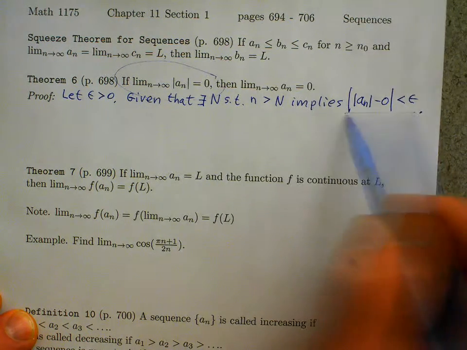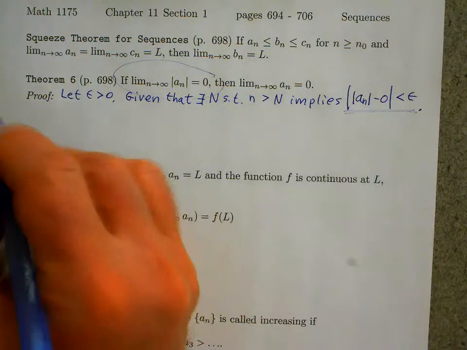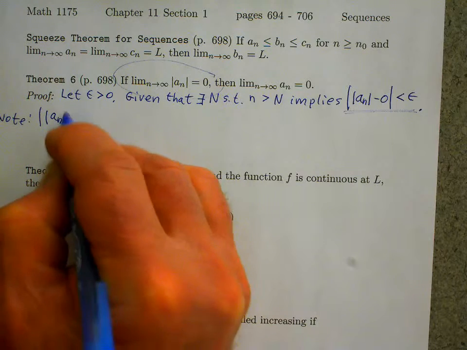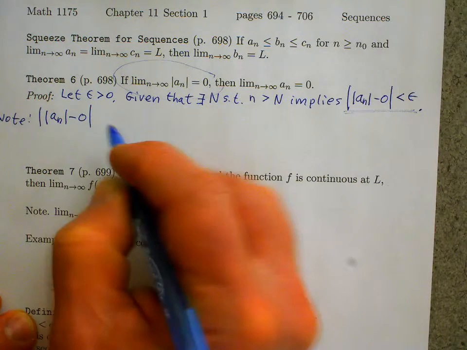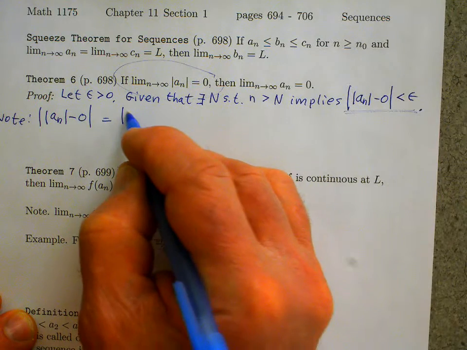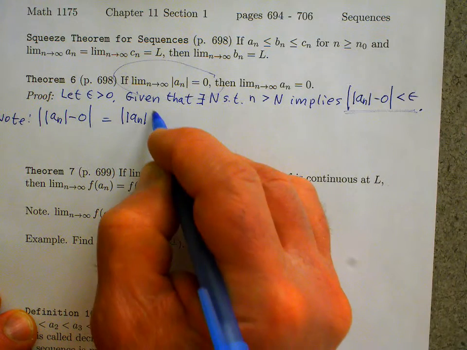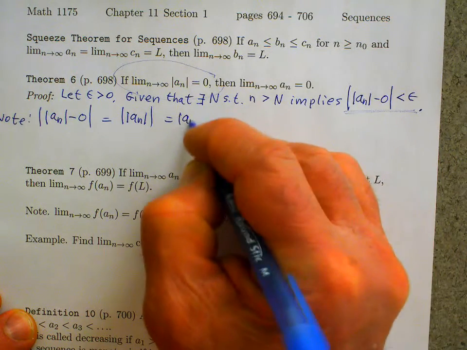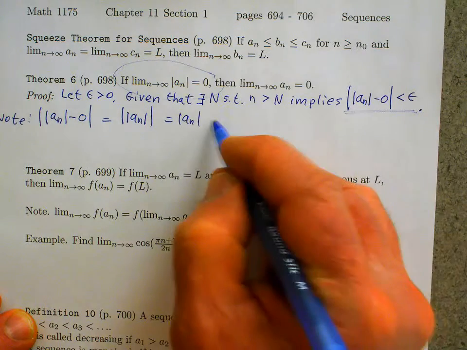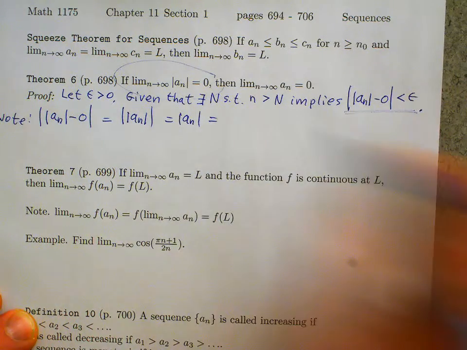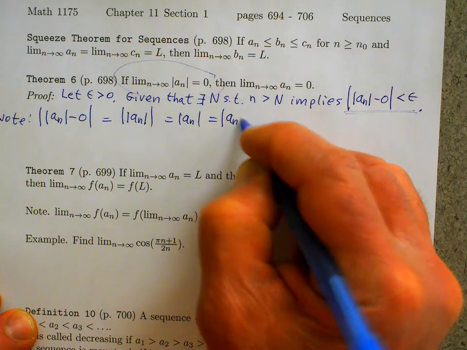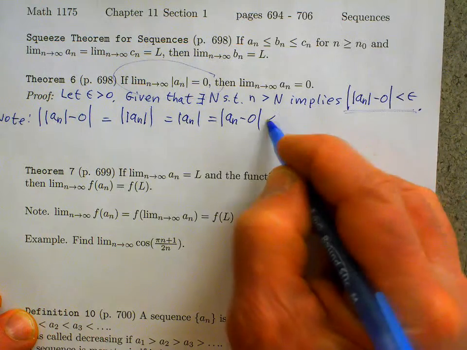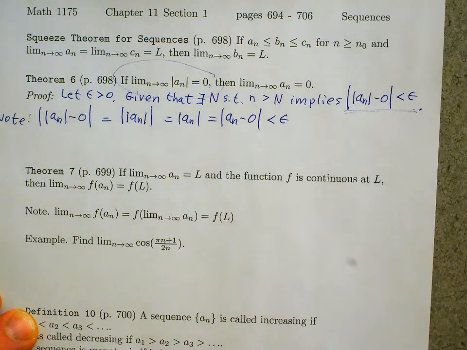So this is given information, but we note that the absolute value of the absolute value of a sub n minus 0 is just the absolute value of a sub n, and the absolute value of a sub n is equal to the absolute value of a sub n minus 0. And this must also be less than epsilon, right?